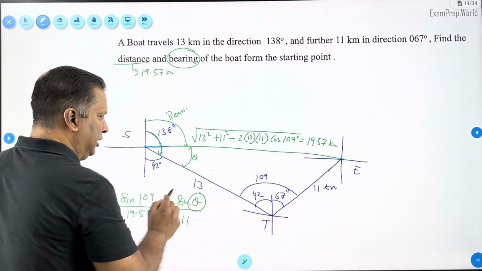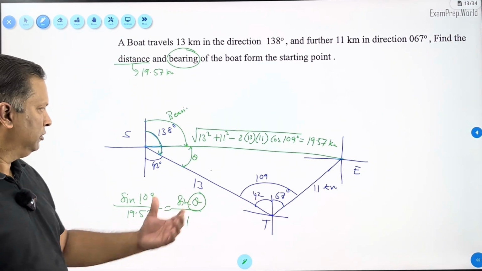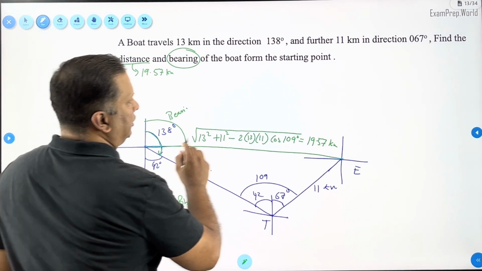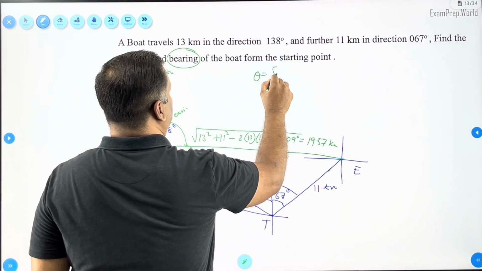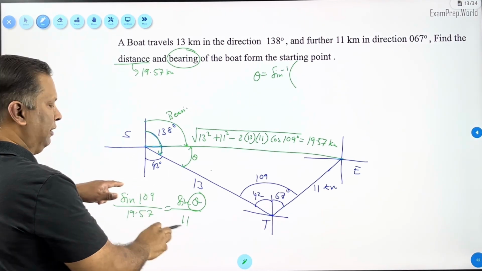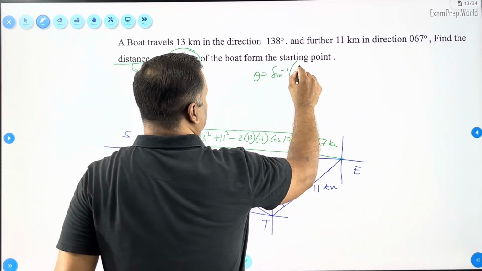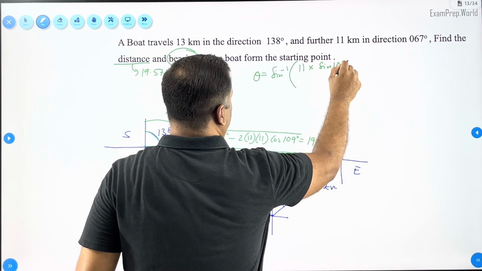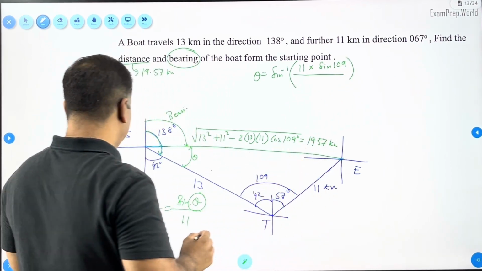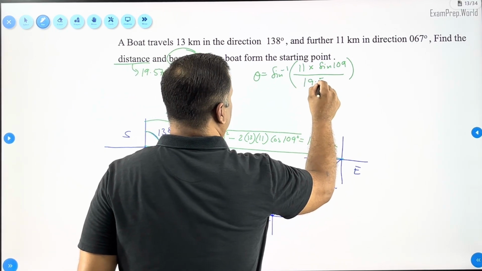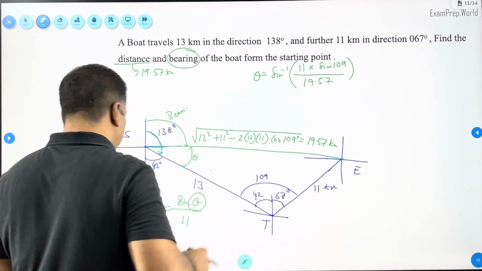Can I find this theta? It's very easy to find, right? Theta will be equal to sine inverse of 11 times sine 109 divided by 19.57. Just find how much theta is.